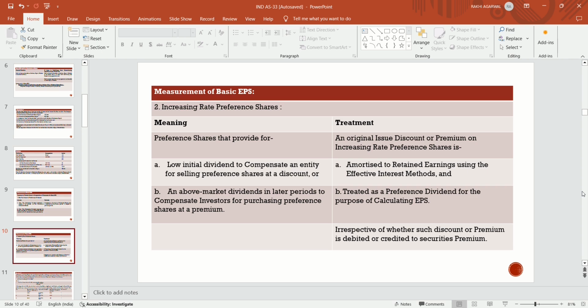If they issue at a discount, then it is amortized to the retained earnings using the effective interest method. And if they issue at a premium, then they will treat it as a preference dividend for the purpose of calculating EPS. If they issue at a discount, then that discount is to be adjusted with the reserve, retained earnings, amortized using the EIR method.